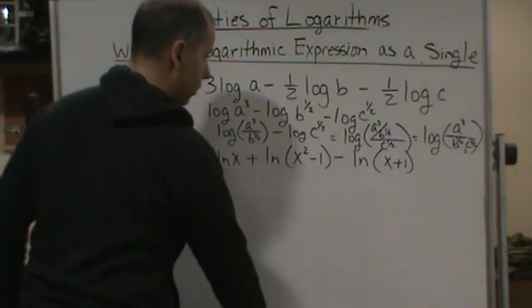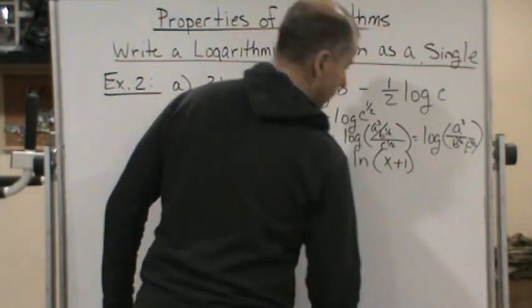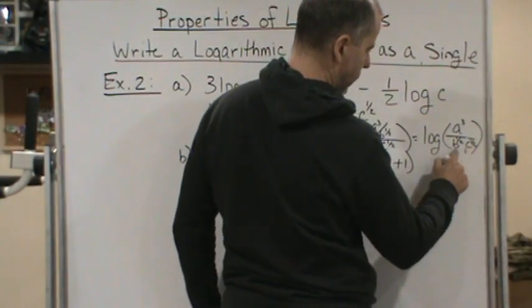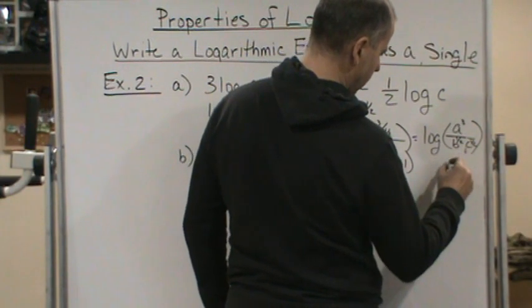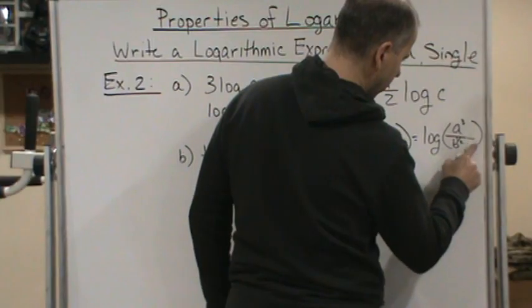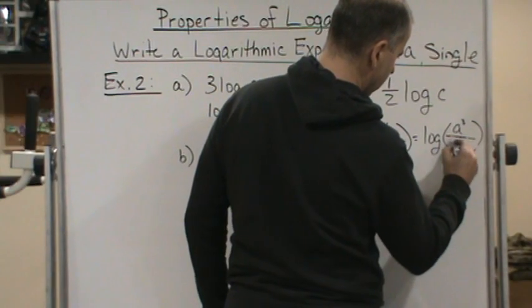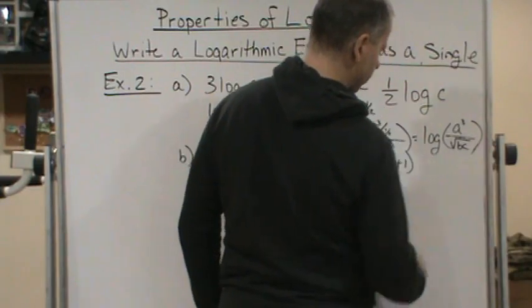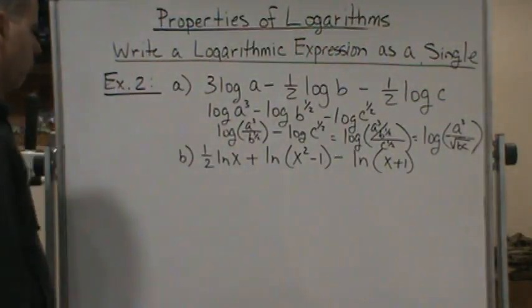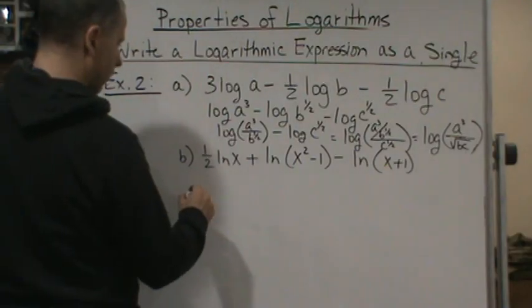Since they're both square roots, we could just combine them. So this will end up being the square root of bc on the bottom. And that's it.